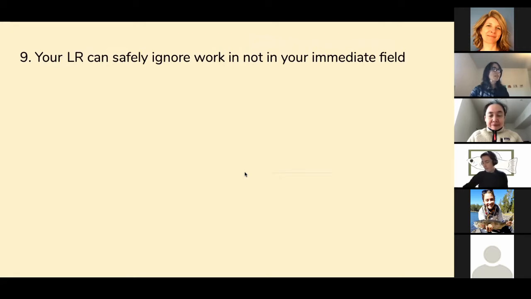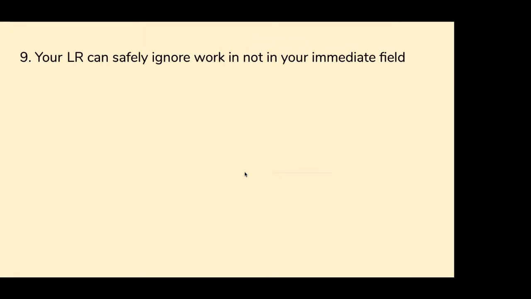Any ideas from anybody? Cece, what do you think? I think it has to do with the relevance to your research question. I could even take things that aren't immediately in my field, which is education, and I might take something from, I'm just making it up, leadership, because I'm looking at educational leadership.